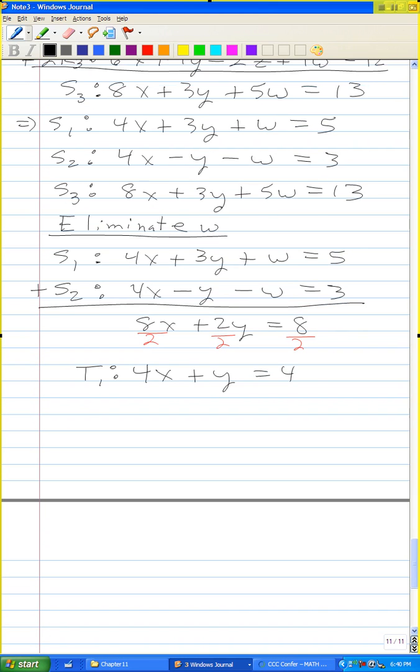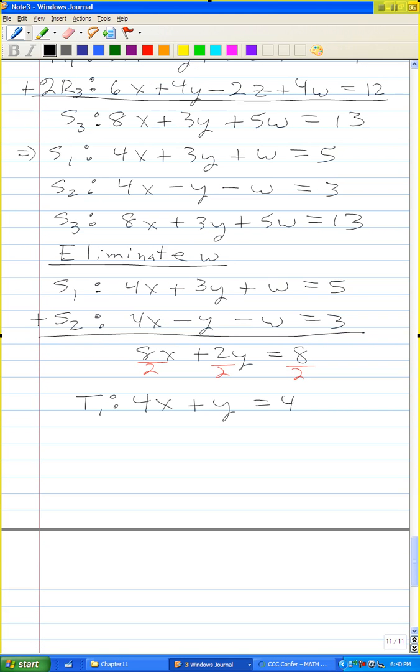Okay. So I've used the first 2 equations. I've got to use the third. So let's do 5 S1, S2, 20 minus 5 minus 5, 15.